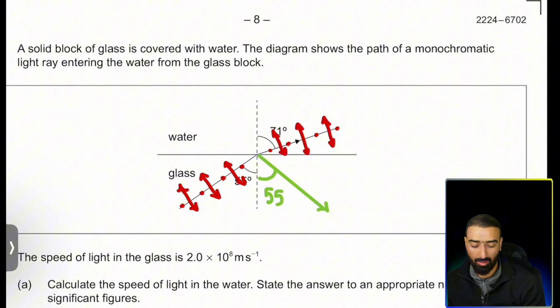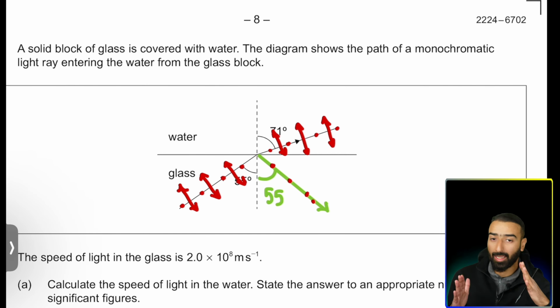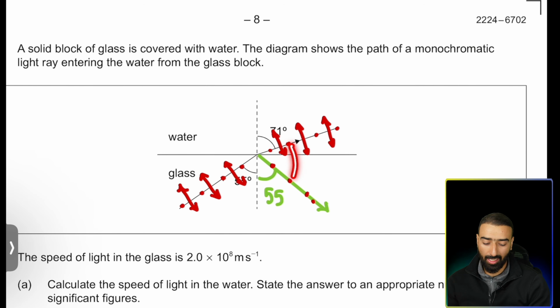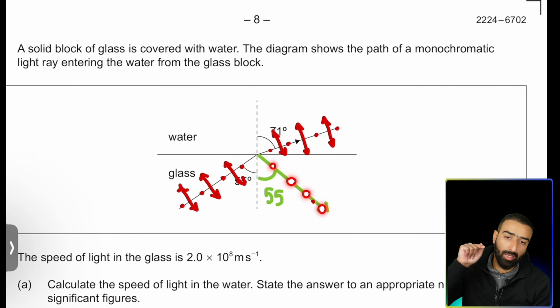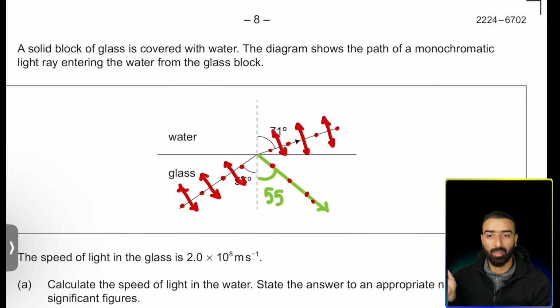That means electric field vectors that point into and out of the screen. In fact, if this angle becomes 90 degrees, also known as Brewster's angle, then the reflected ray is perfectly S polarized. It's just these electric field vectors that go in and out. But nevertheless, in all cases, the reflected ray is predominantly S polarized.